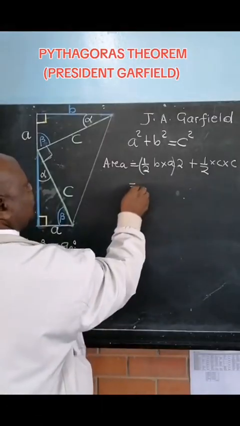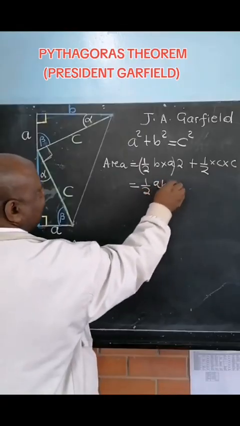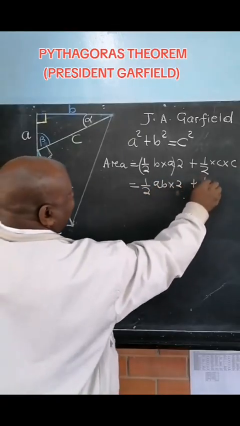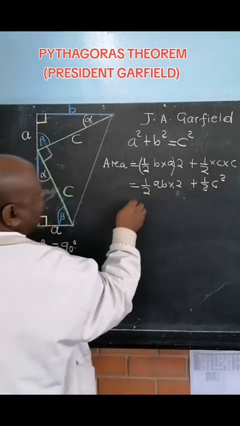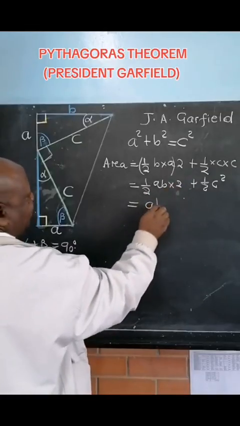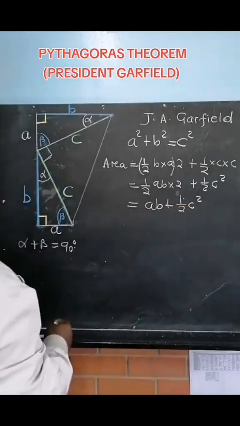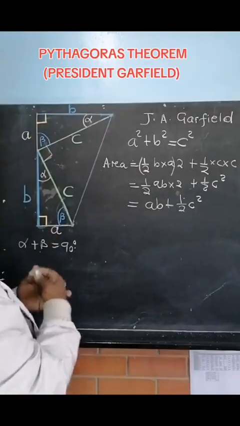So this is equal to half of ab times 2 plus half of c squared. This is the same as that, and that will go. So we have ab plus half of c squared. This is the total area of the three triangles.